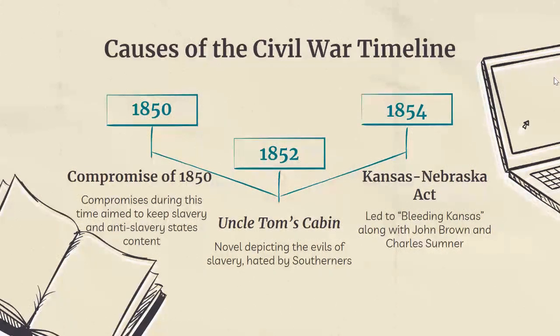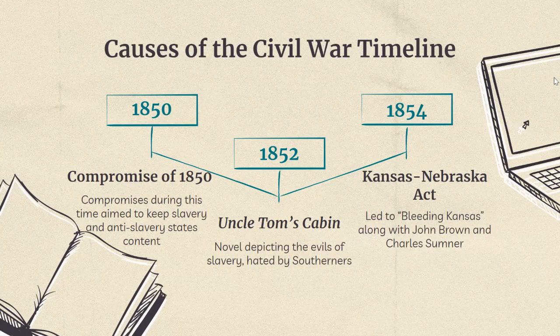The Missouri Compromise aimed to keep balance of free and slave states in the North and South. And as time progresses, this only becomes more important in many ways for the North and the South. And the United States, with the Compromise of 1850, continues this aim.